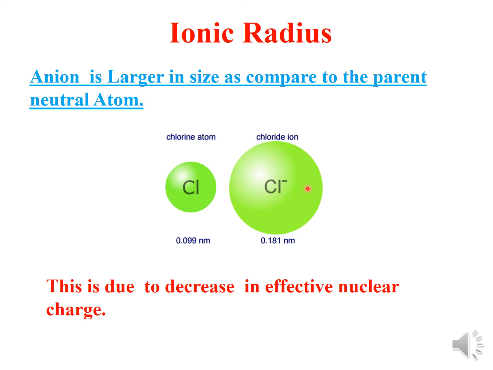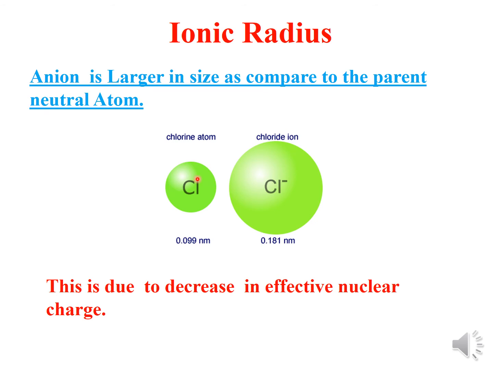Due to decrease in effective nuclear charge, atomic radius of anion, that is chloride ion, will be greater than chlorine atom. So anion is larger in size as compared to parent neutral atom. This is due to decrease in effective nuclear charge.